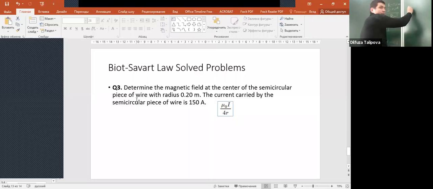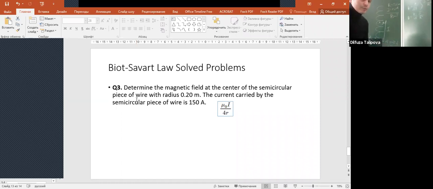So B is equal to mu 0 divided by 4 pi integral of I dl divided by r squared. And B is equal to mu 0 divided by 4 pi I divided by r squared.